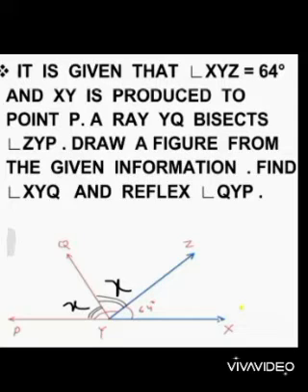Okay, look at the figure once, children. XYZ, they have given 64 degrees. XY is produced to a point P. Okay. A ray YQ bisects angle ZYP. So as a ray YQ bisects angle ZYP, angle ZYQ will be equal to PYQ.